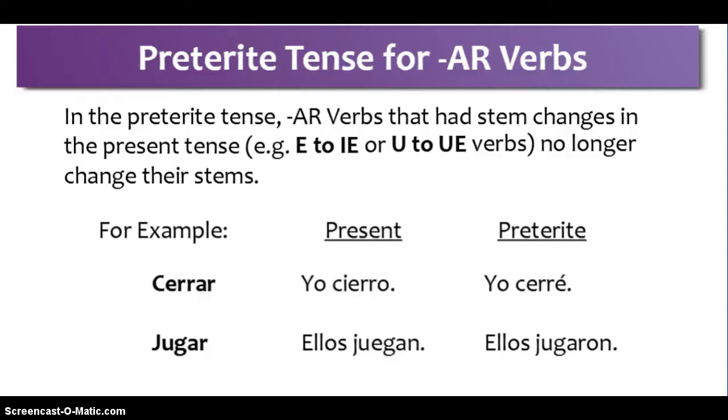No stem change and an accented E as the conjugation ending. Jugar, ellos juegan in the present tense, a U to UE stem changing verb, in the preterite tense becomes ellos jugaron. So again, no stem change in the preterite tense conjugations.